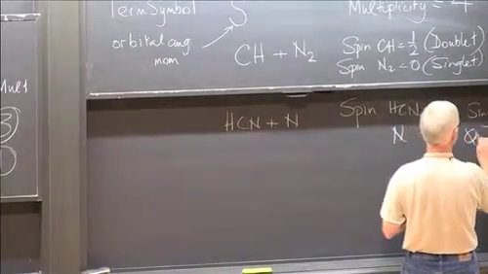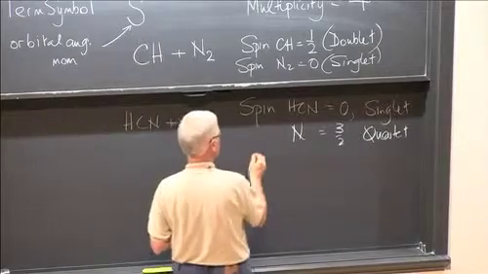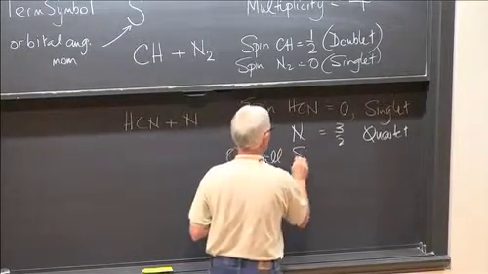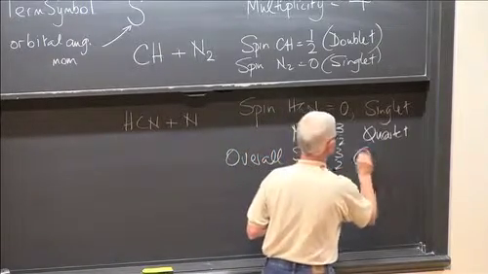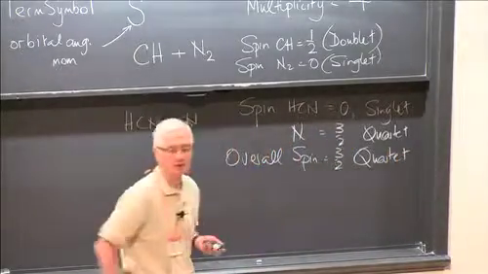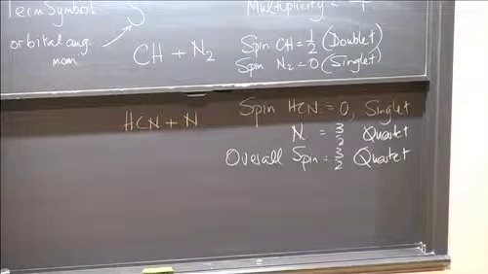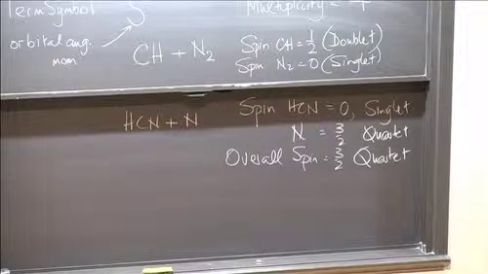It's a quartet state. The overall surface has a spin equal to 3 over 2. In other words, it's a quartet surface that we're dealing with. So this product here is occurring on this quartet surface.